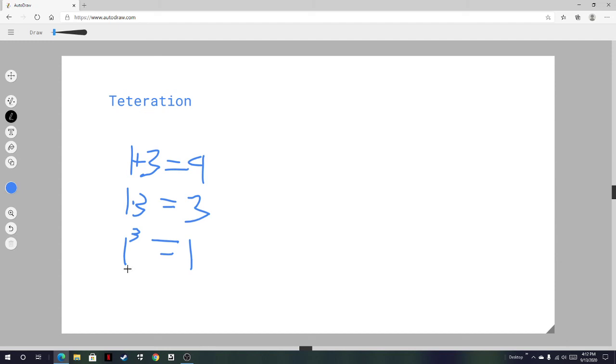But what about tetration? Well, look at the pattern. We have addition, repeated addition, repeated multiplication. What about repeated exponentiation? So 1 tetrated 3 times is 1 to the 1 to the 1, which is 1. That is the definition of tetration.